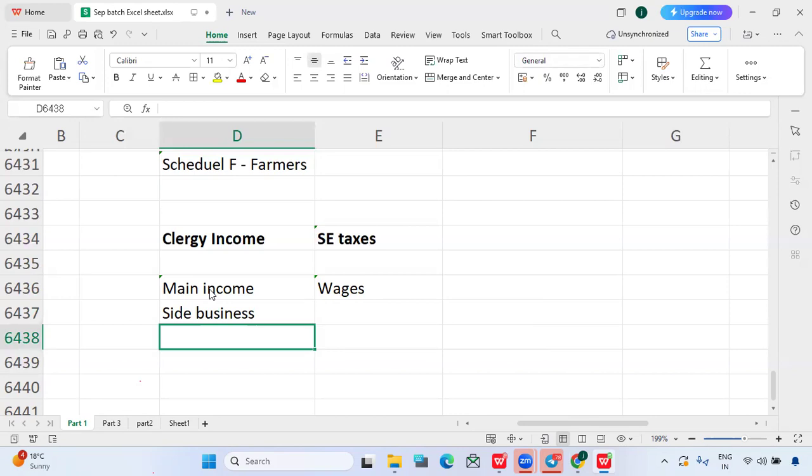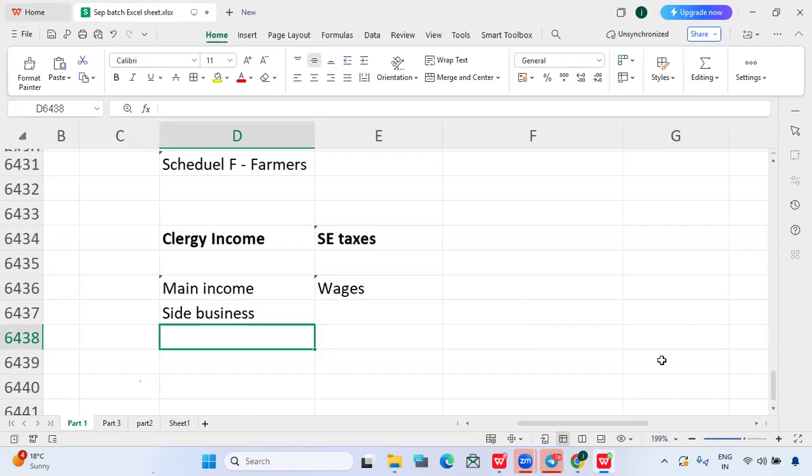Yes, even though it is a side business or any part-time business. Business is business, so whether it is part-time or full-time, seasonal, or any less income, it doesn't matter for paying self-employment taxes. We must pay self-employment taxes even though it is a secondary business or part-time business.